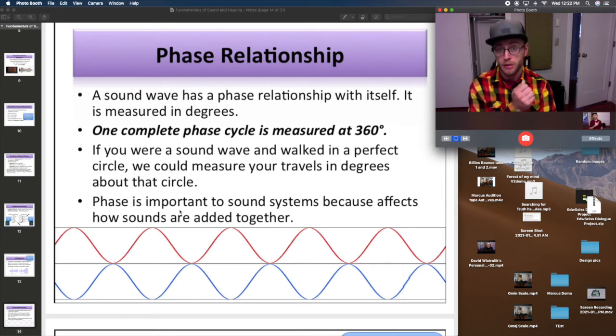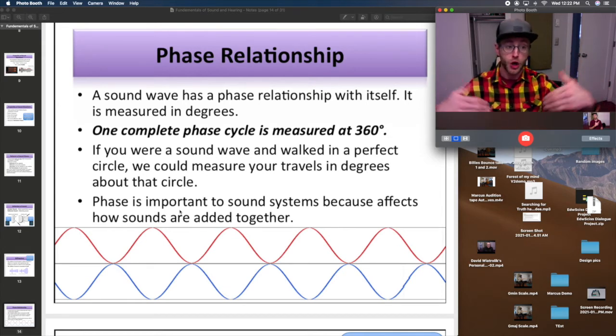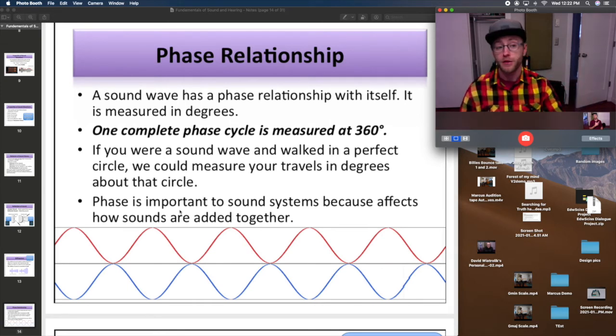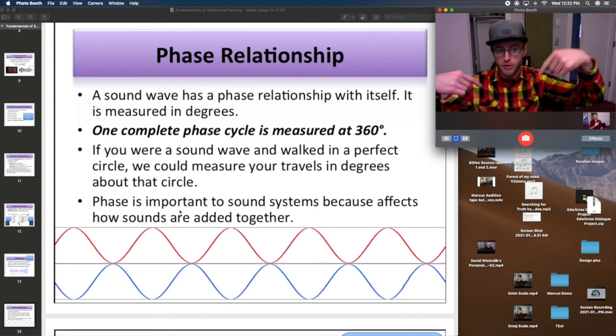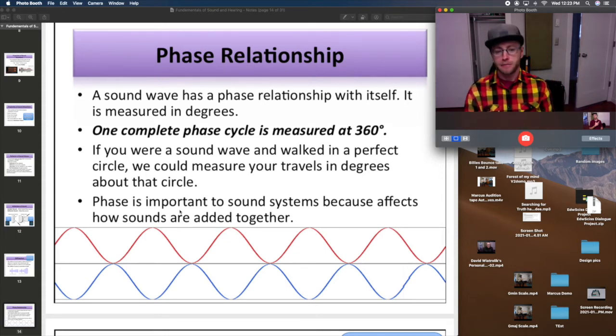All right, another really important aspect of sound and waves and physics is the phase relationship. When you have two microphones on one sound, like an acoustic guitar with two microphones recording it, both microphones are picking up the sound. They're recording the waveforms of the sound. And depending on the distance of those mics, whether they're perfectly even or one's a little bit further away, the waveforms will be a little offset.